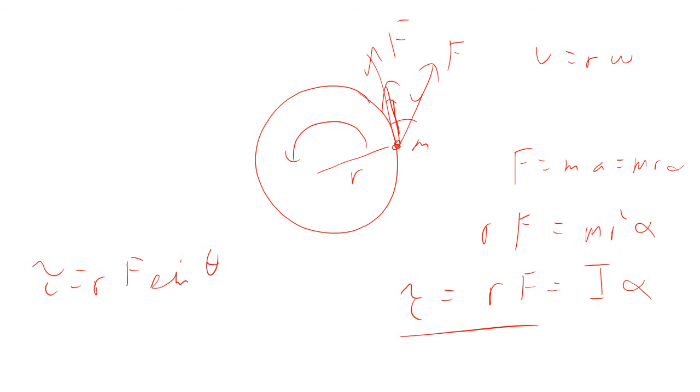If I exert a force as illustrated here, so if I exert a force that way, then the acceleration is that way, which means the velocity is that way. It means the angular velocity is as shown. The right-hand rule says that a force in that direction would result in a torque that is out of the screen.